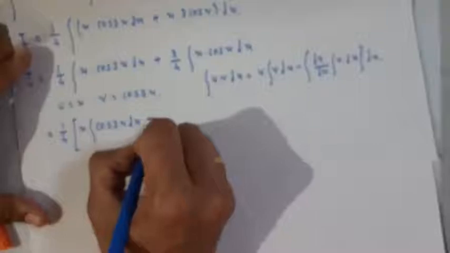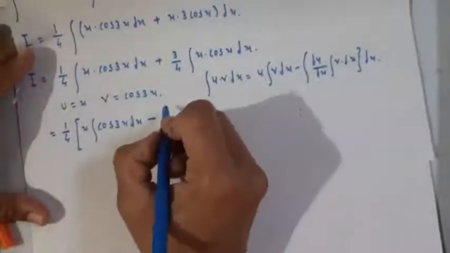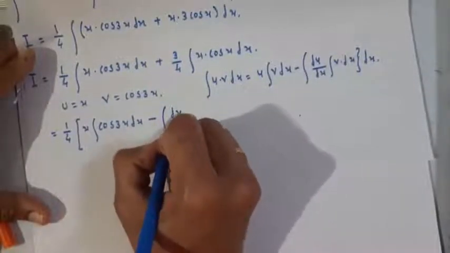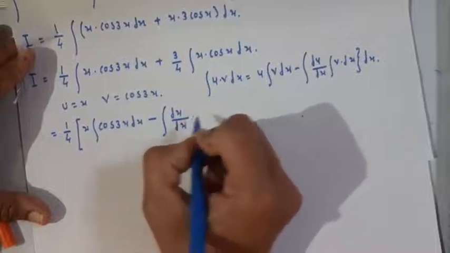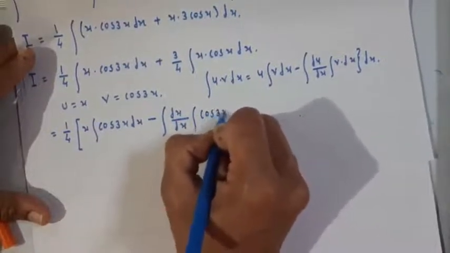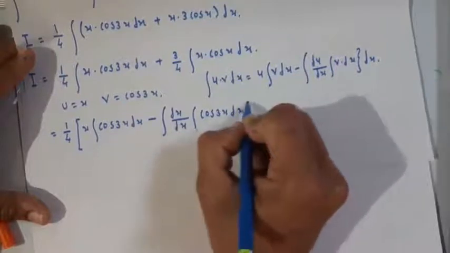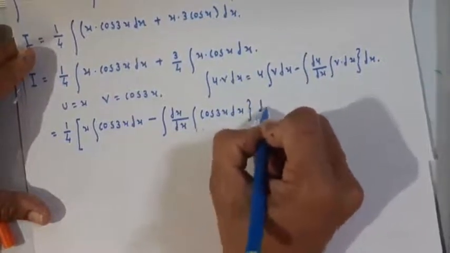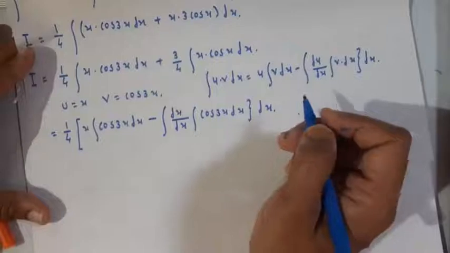So u means x as it is, integration of cos of 3x with respect to x, minus the integration of the differentiation of x with respect to x into the integration of cos of 3x with respect to x, and the whole integration with respect to x.